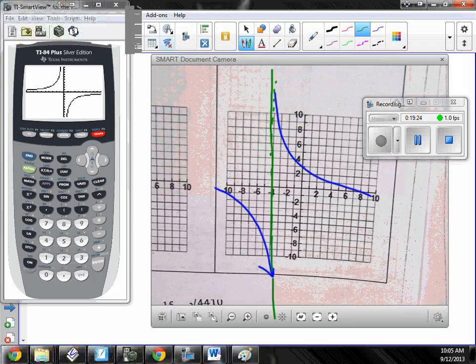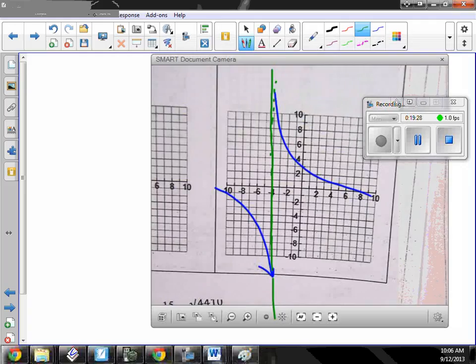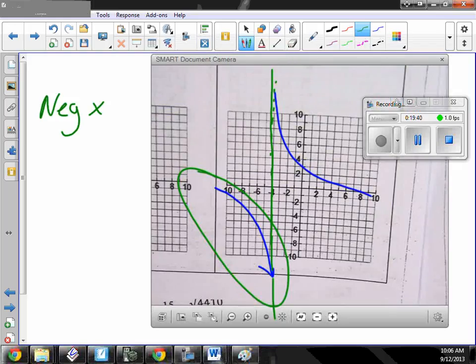So when is this graph negative? So if we look at this portion down here, it's negative when x is negative infinity all the way up until negative 4. So negative 4.